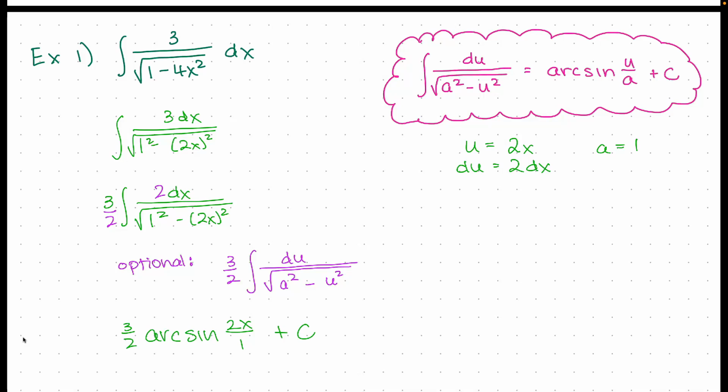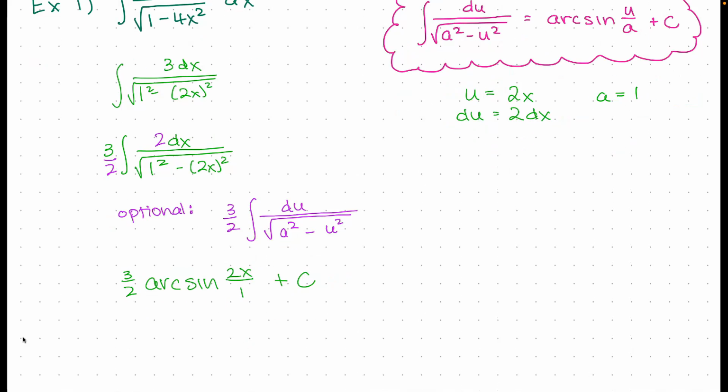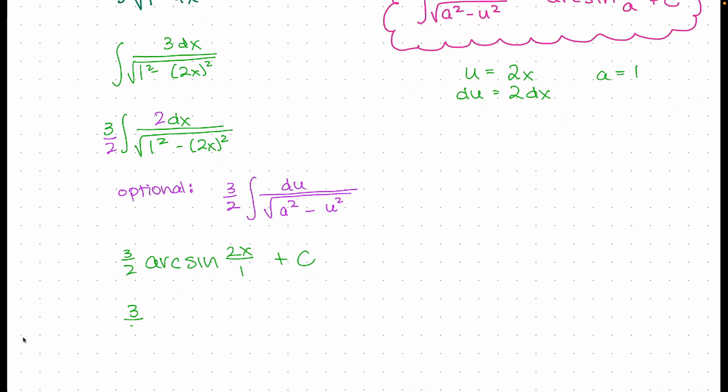Perfect. That's exactly it. Now that you have that dead match for the formula, you can just fill into the formula. Arcsine of u over a, but you already know u over a is 2x over 1. Boom. And then obviously on this one, we can just write it as arcsine of 2x. And that's it.